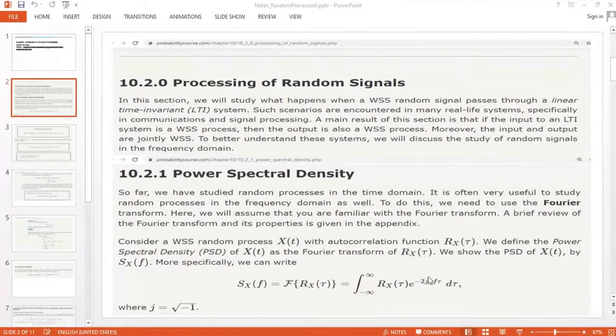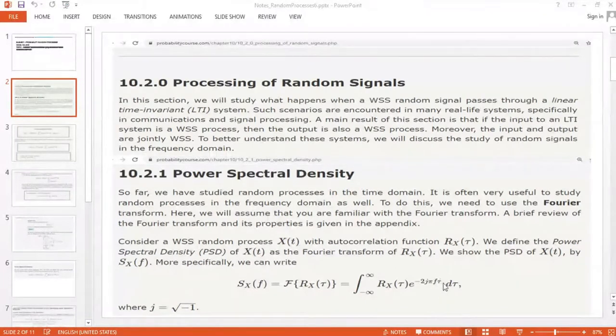If you're in your second or third semester, you know how to calculate the Fourier transform of any function of t. Here tau is actually t. So Rx(tau) is a function of t, and you are taking its Fourier transform. This is the kernel e raised to the power minus 2 j pi f tau. In your second or third semester it may be s, but here we are using f to represent frequency domain.